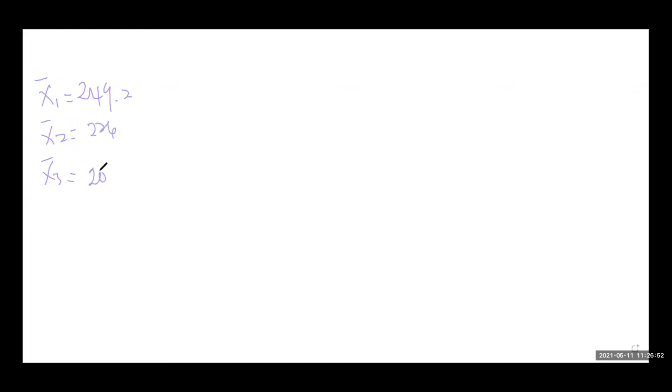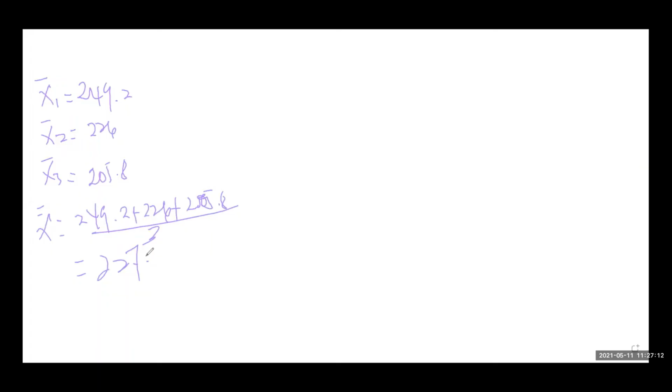Then this one is 205.8. So the sum of 249.2 plus 226 plus 205.8 divided by 3 should give you 227. That is my grand mean.